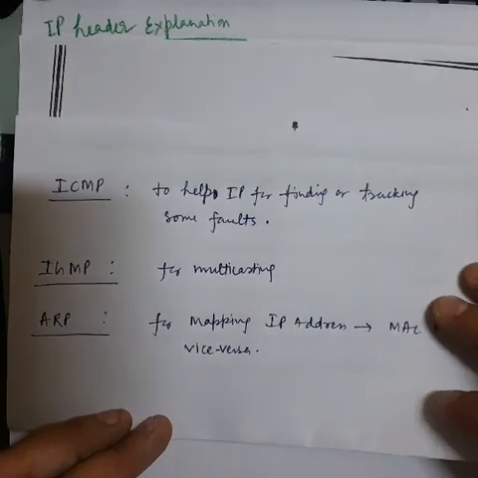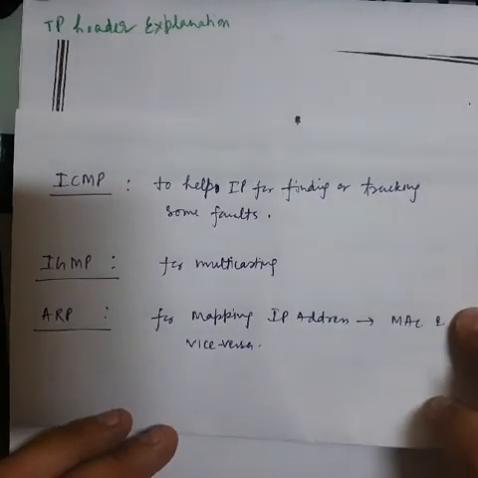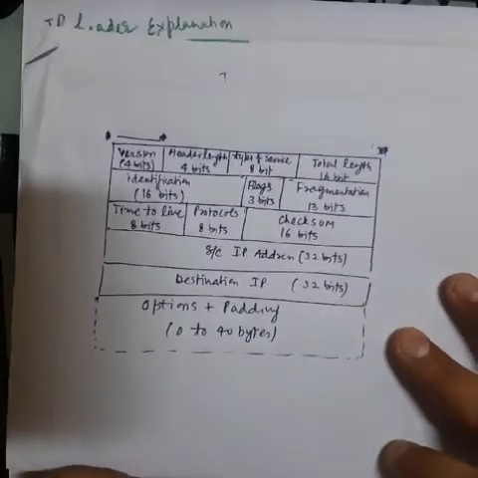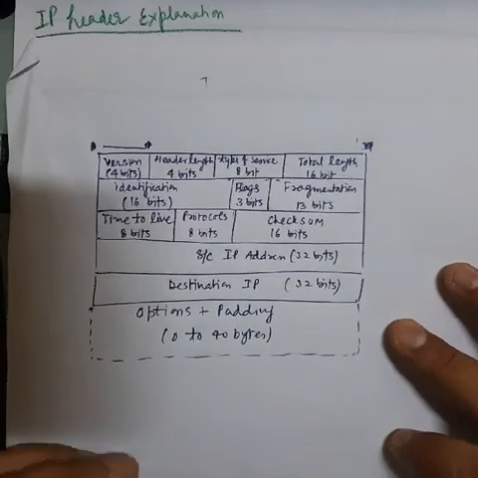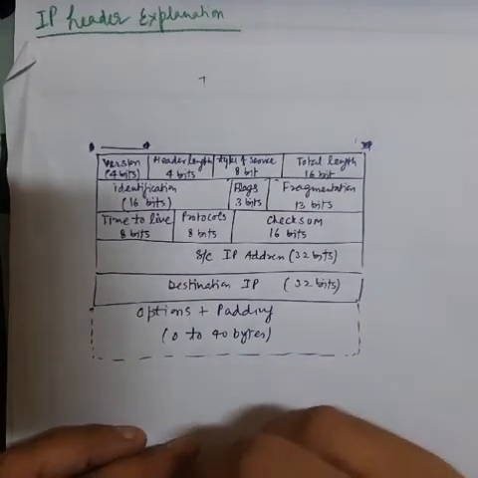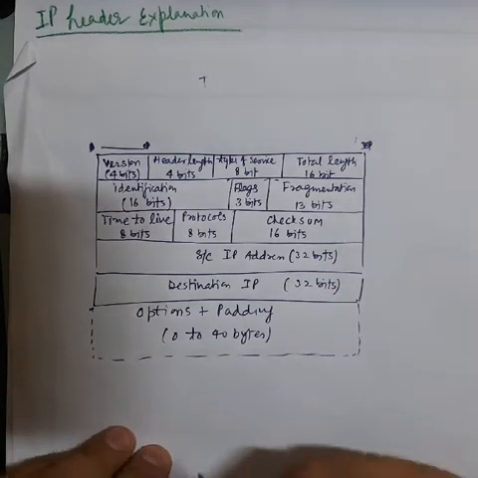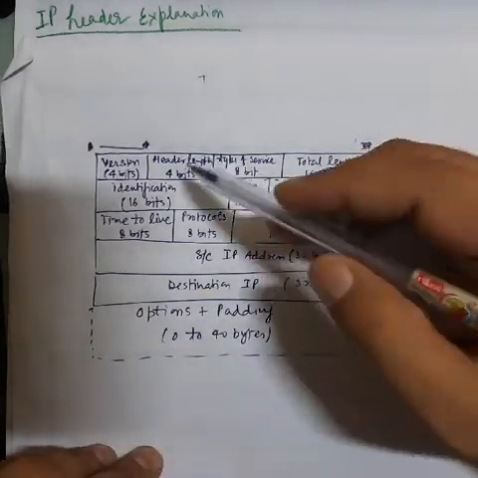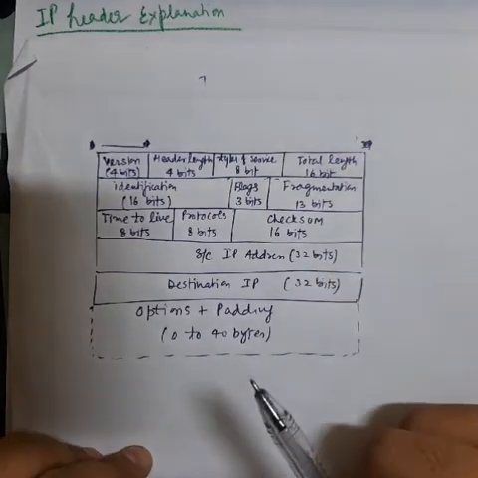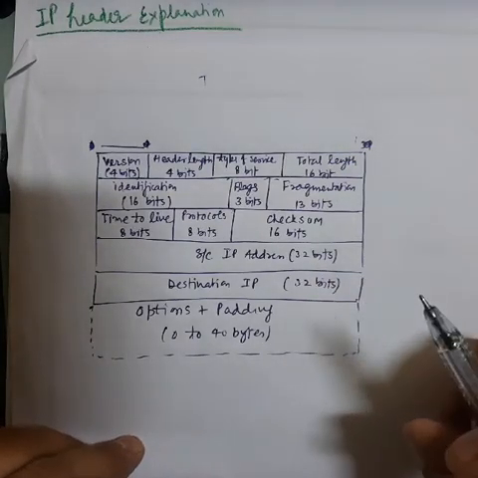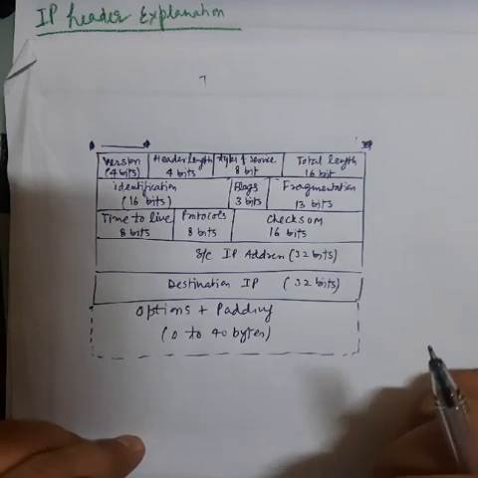Now we come to the IPv4 packet explanation. The first important packet field is the datagram, which is the basic terminology we use for a packet in IP. A datagram is variable length and consists of two major sections. The first one is the header and the other is the payload, or we can say the data itself.